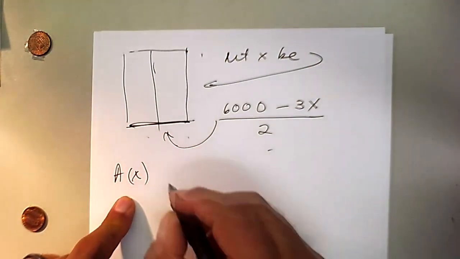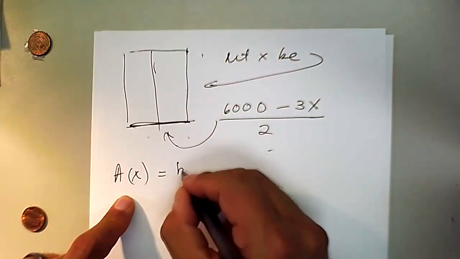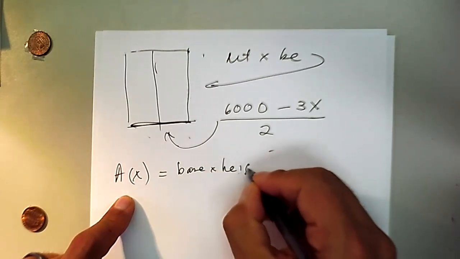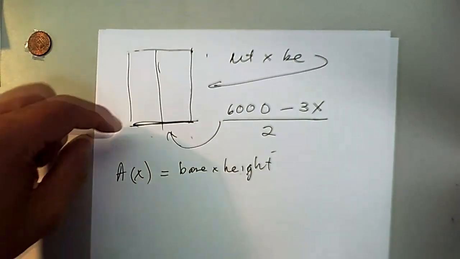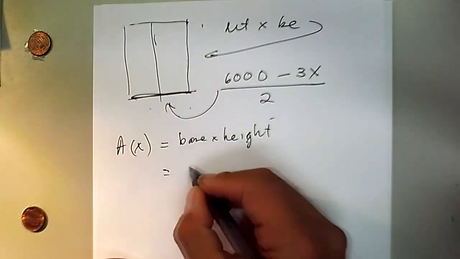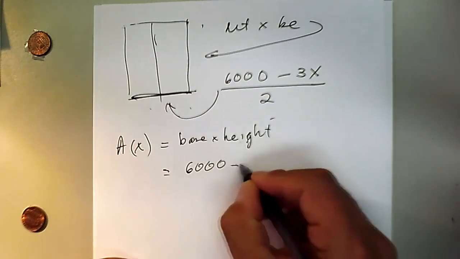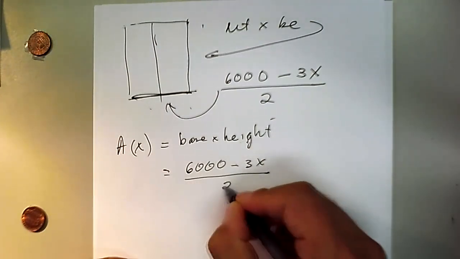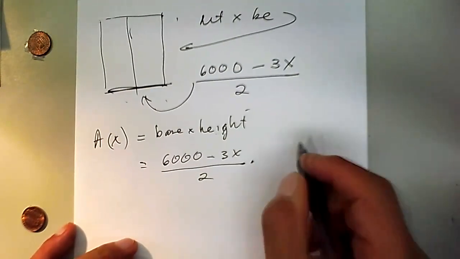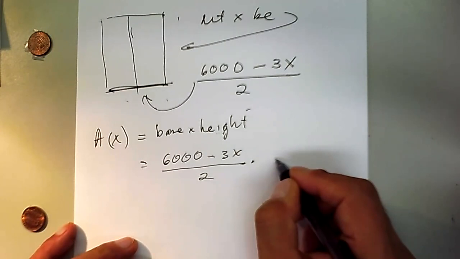So the area is going to be base times height. And the way this looks is this is the base, this is the height. So the base is this: (6,000 minus 3x) divided by 2 times, times what?